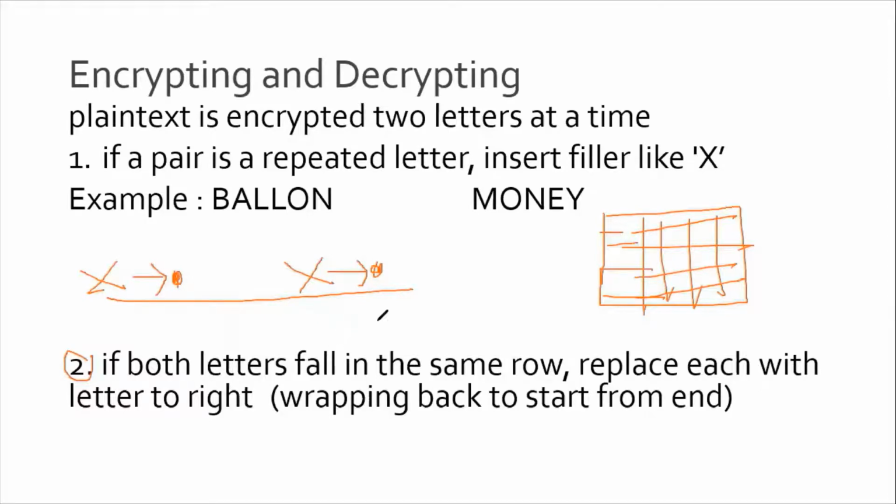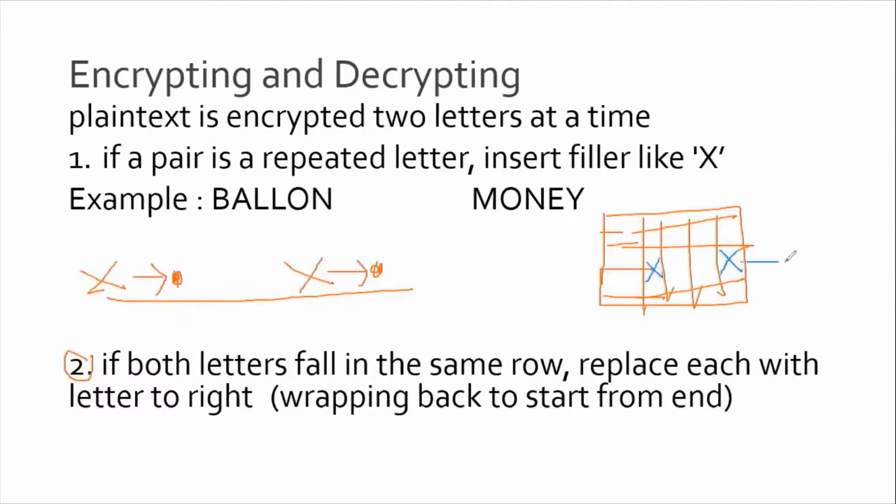And they have said that if the letter is at the end of the row, for example, here is my character. I'm going to use another color for better understanding. For example, if the character in one row is here at the end, I have one character here and one character here in one row.